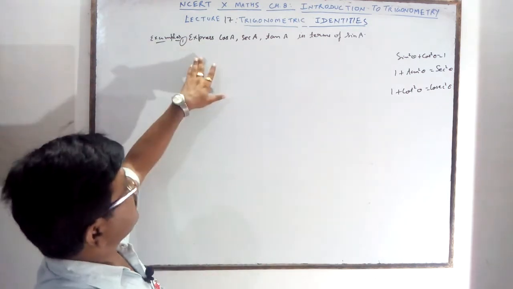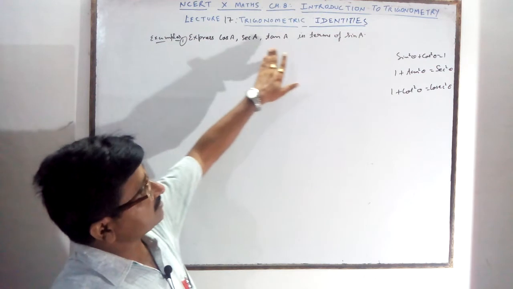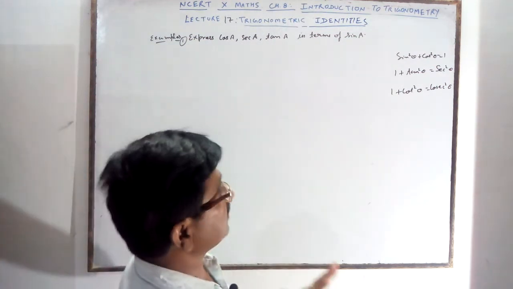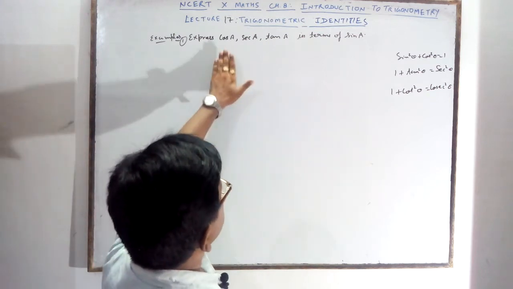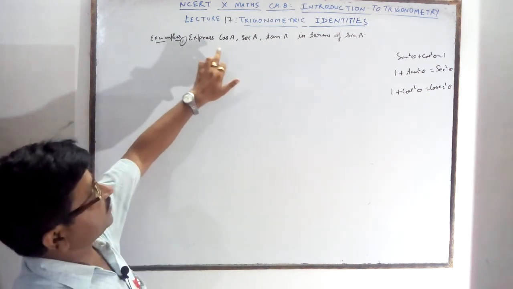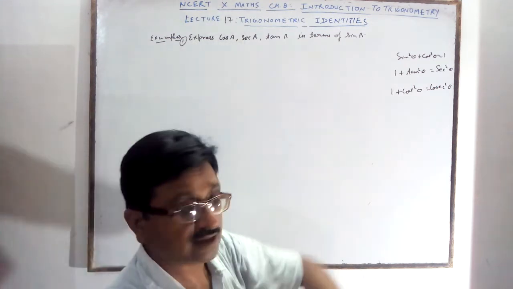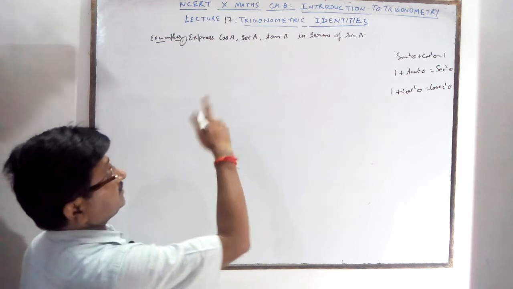Now you will see all the trigonometric ratios you can express in the form of any one. There are 6 ratios. Here I have given one question: express cos A, sec A, tan A in terms of sin. How will you change it?